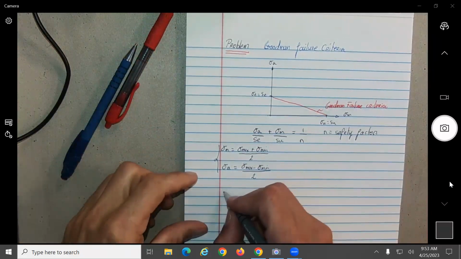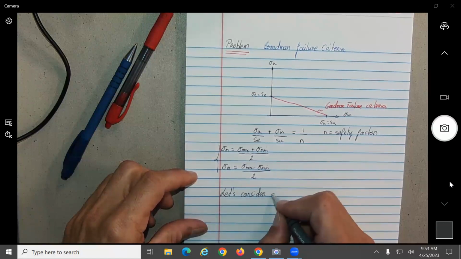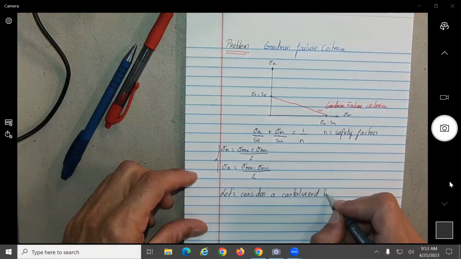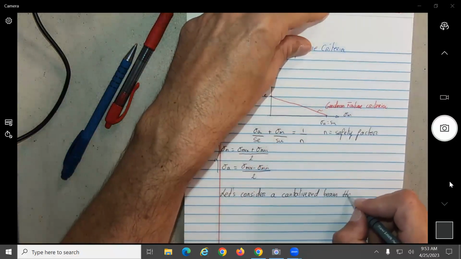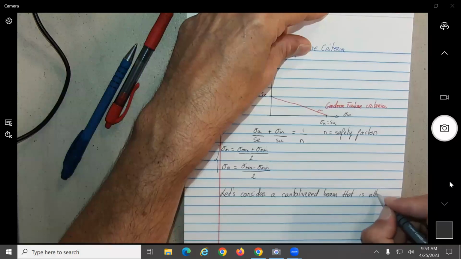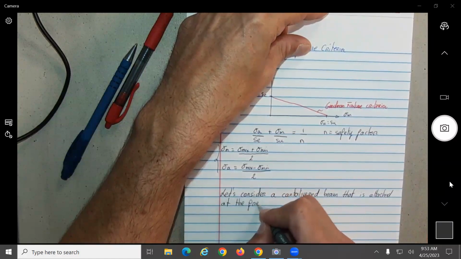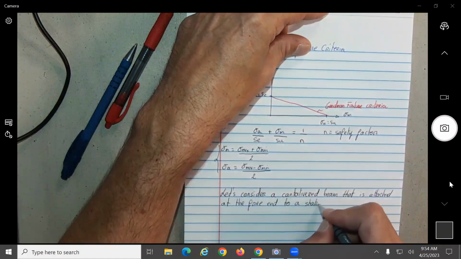All right, so let's consider a cantilever beam that is attached at the free end to a shaker, okay, let's say.